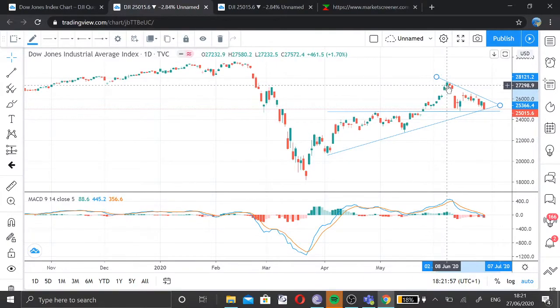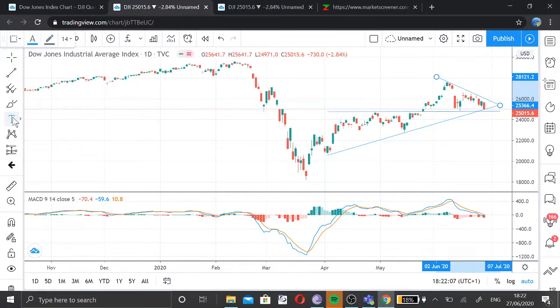Also, if you can see here, there is a possibility of a break of a 1 2 3 high as well if it goes below that key area. So if you consider this point as 1 and this point as 2, if it goes down below, let's look at what is the low of this candle here.